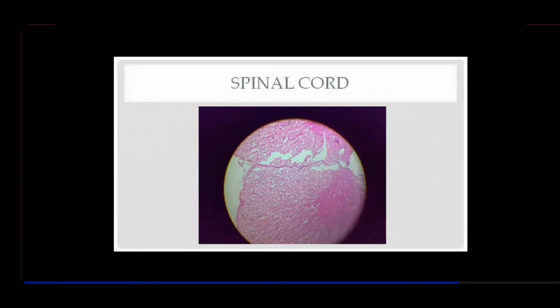This is a slide of a spinal cord. The entire spinal cord cannot be focused in the field of view. Here you're seeing the posterior median sulcus or septa, and this will be the dorsal horn, the gray matter, and there are the neurons relaying here, the second order neurons.